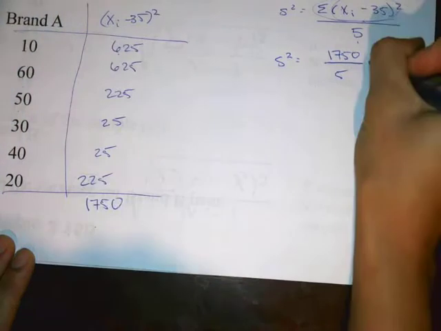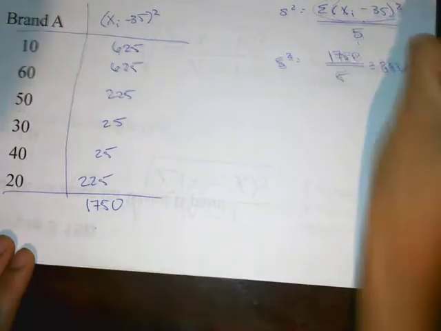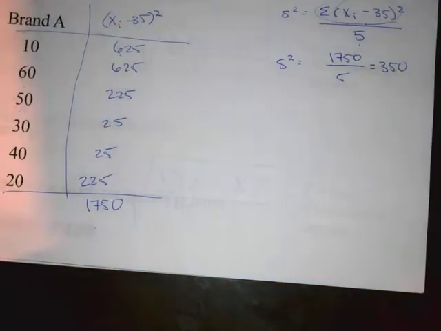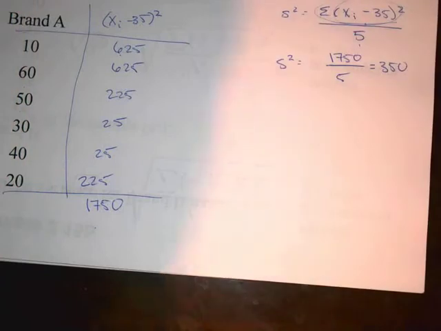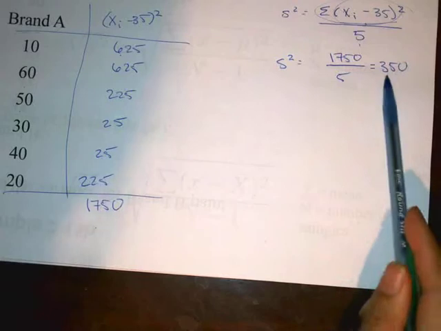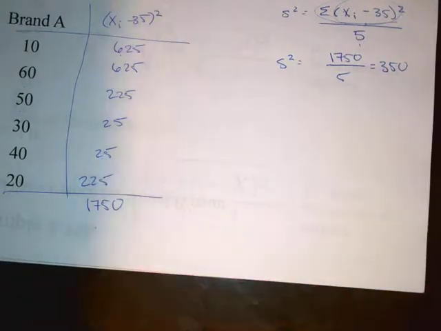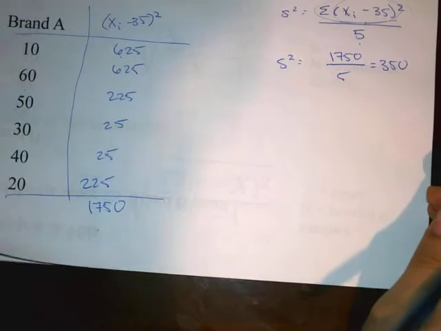And that's what we got for that number, which is 350. Okay. So that's our variance. And it's in the unit of something squared. So that's the variance, and that's how you use that formula.